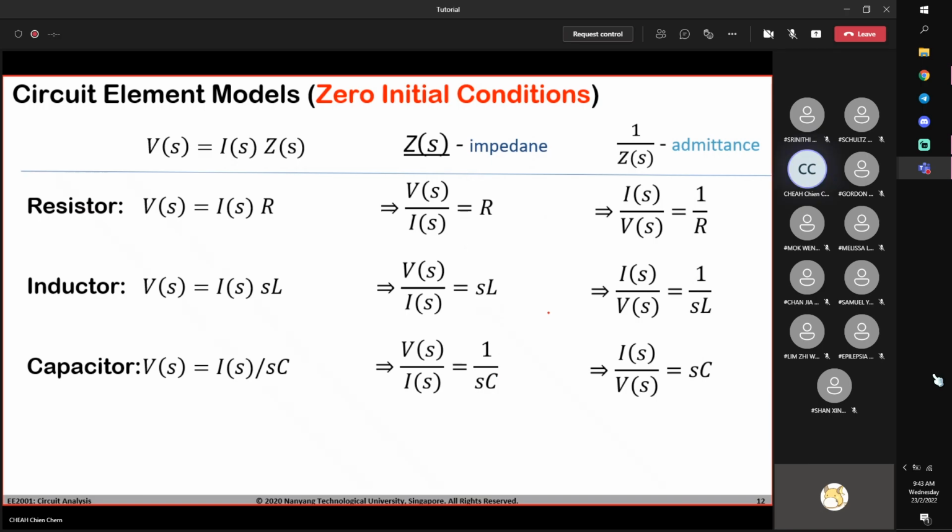For capacitors, you have 1 over 1/sC, which is actually sC. And this we call admittance. It's just a name to include the conductance of resistors as well as inductors and capacitors, the inverse of the impedance. It is called admittance, in other words.